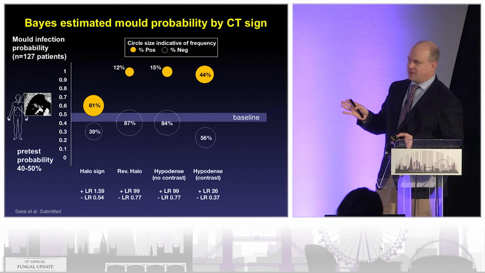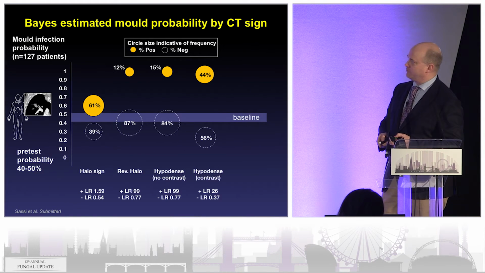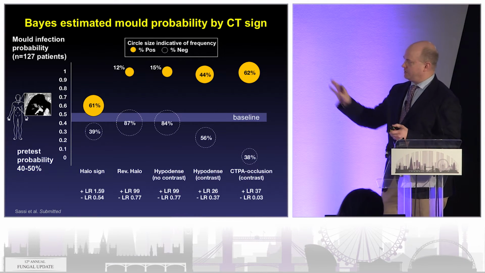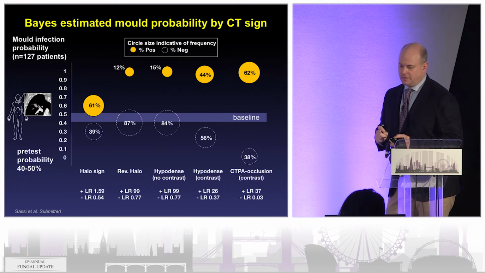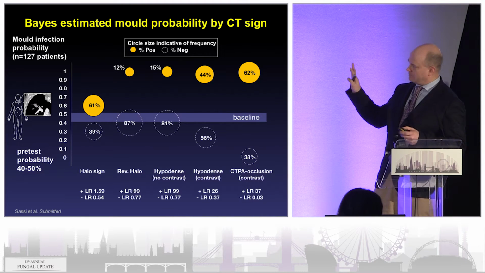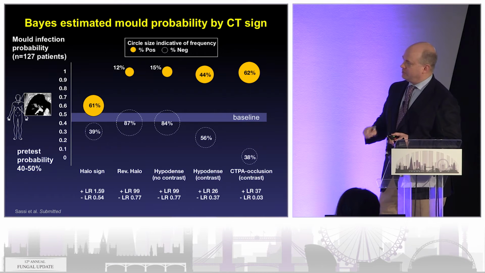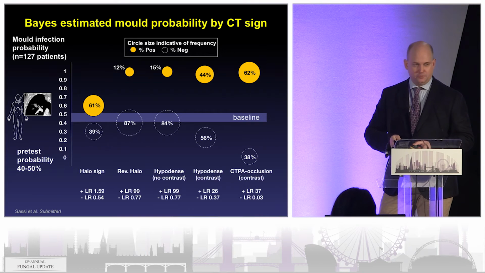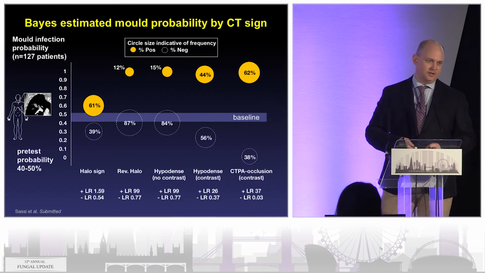One of the advantages of giving contrast is you can see hypodense signs more frequently, but this is how I would put the pulmonary angiography test in relation to these tests, that it's the only test that significantly lowers the probability of invasive mold disease in patients because of the much lower likelihood ratio compared to the other CT signs.